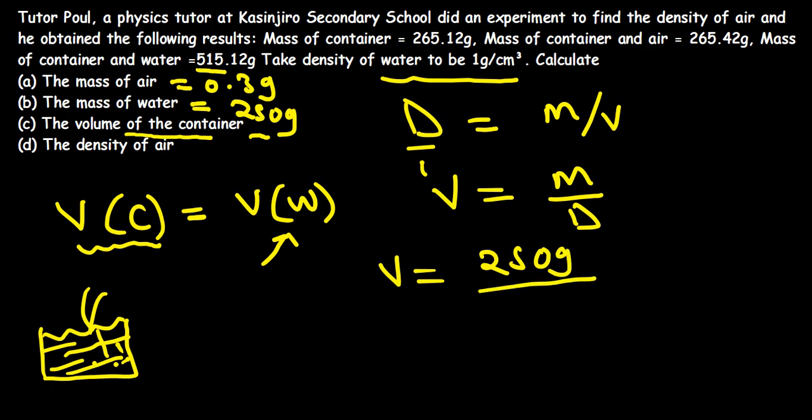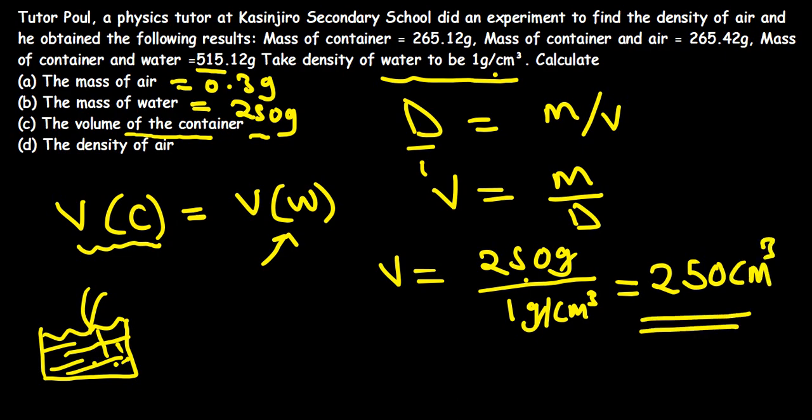Then we divide this by the density, which is just 1 gram per cubic centimeter. The gram and this gram will cancel, and then 250 divided by 1, and the units are retained. So the volume will be 250 cubic centimeters. So this is the volume of water.